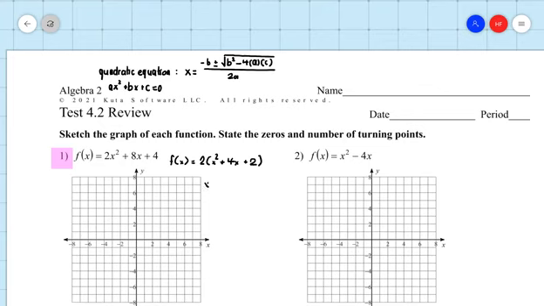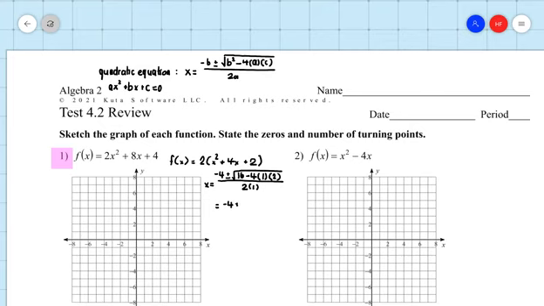So I'm going to say x equals negative b, so negative 4, plus or minus the square root of b squared, 16, minus 4, times a, which is 1, times c, which is 2, and that's all over 2 times 1.